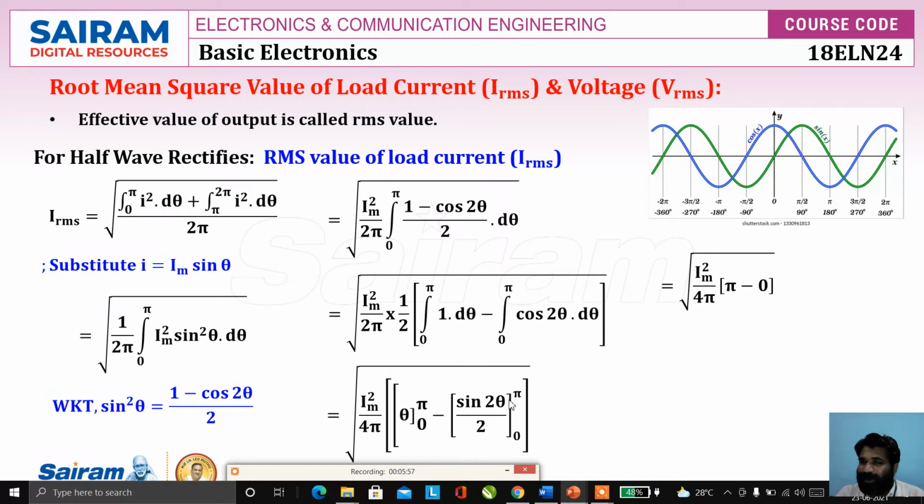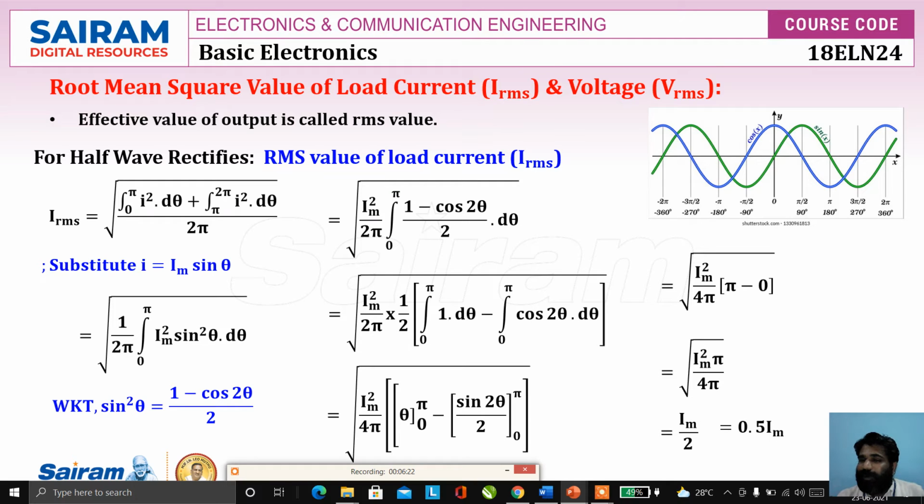So the second term is 0, and only the first term, pi minus 0, remains. So pi gets cancelled, and if you apply the square root, it becomes Im squared divided by 2 squared. So it is Im by 2, Im by 2 after applying the root.